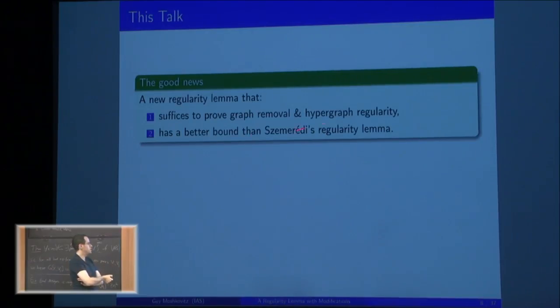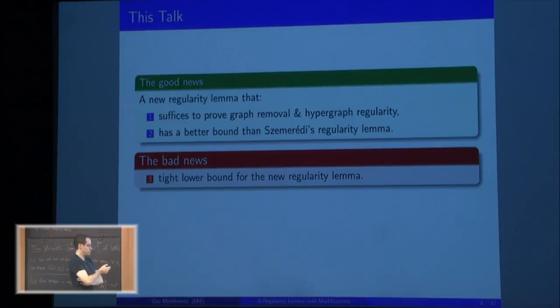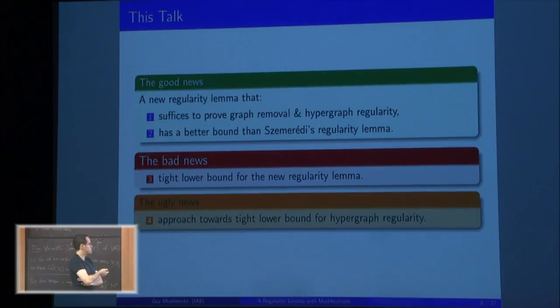And our new regularity lemma is going to have a strictly better bound than Szemerédi's regularity lemma. The bad news is that the bound that we get, we can actually prove is optimal. So it can be tower, and that bound is not exponential, say, like in the weak regularity lemma. So that's slightly bad.